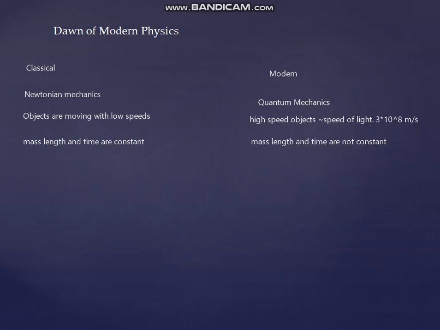Okay, so this was just the introduction of the chapter, and we'll be dealing with modern physics a lot in this chapter, because in modern physics we'll be studying particles, quantum theory, the Compton effect, and the photoelectric effect.